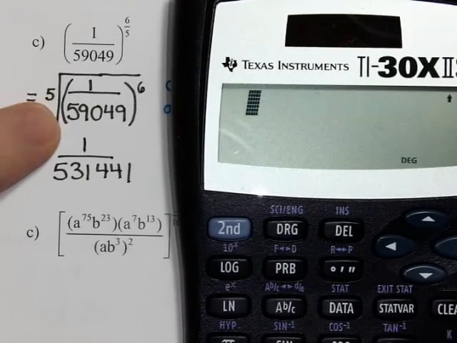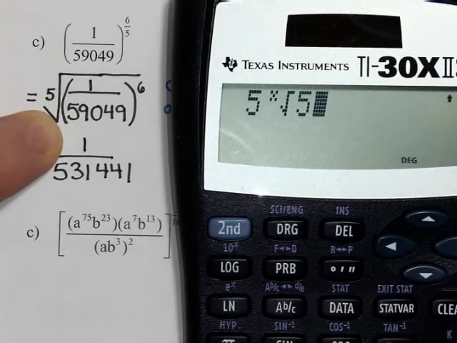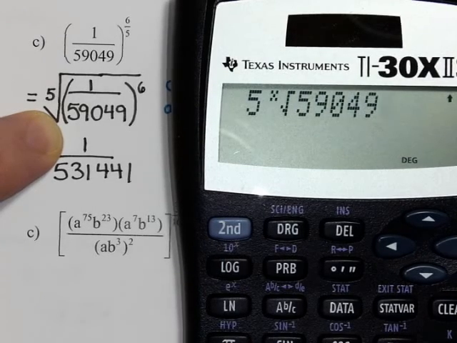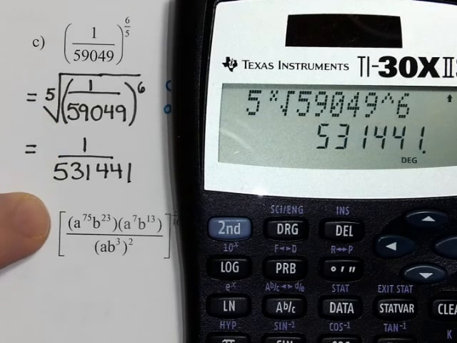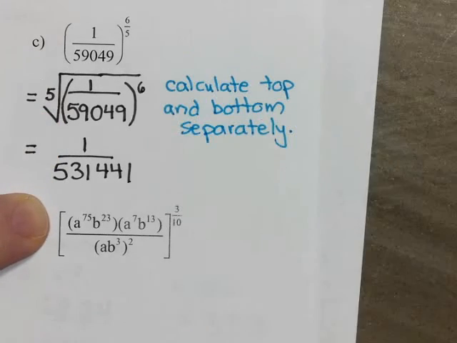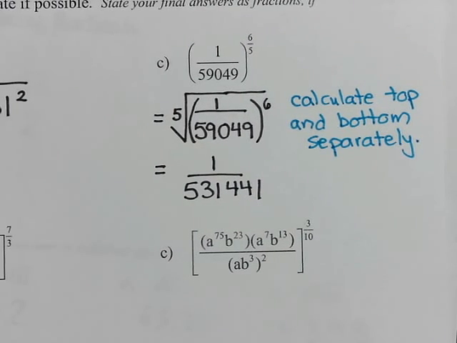And then for the bottom, I do 5th root, so 5, second exponent, 59,049, and then to the power of 6, that equals 531,441. Okay, so I will see you in the next video to do the last 3 questions.